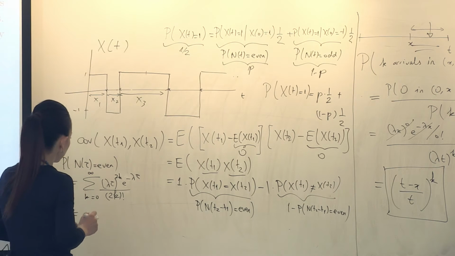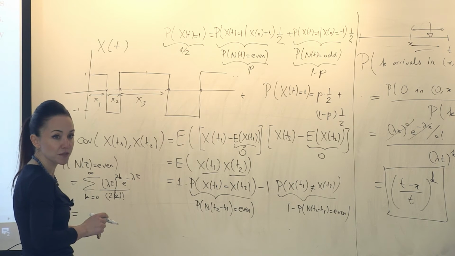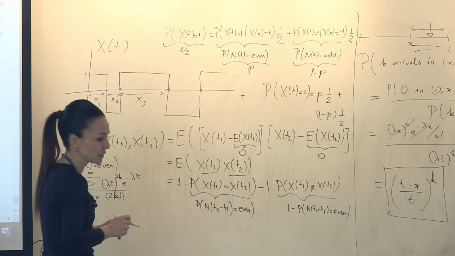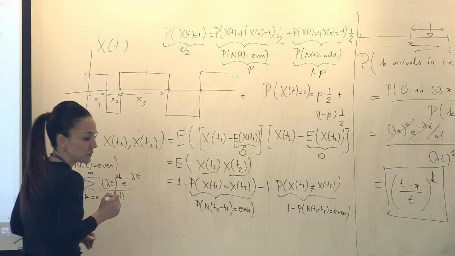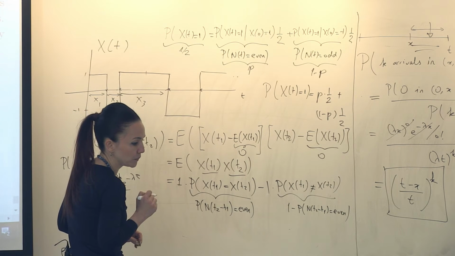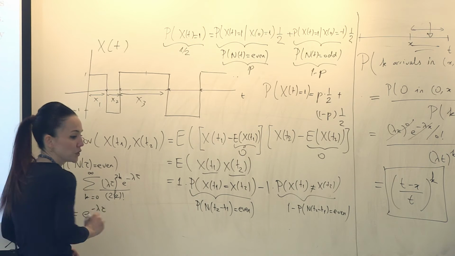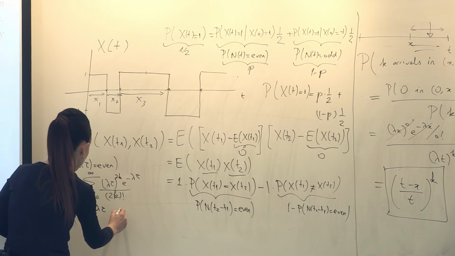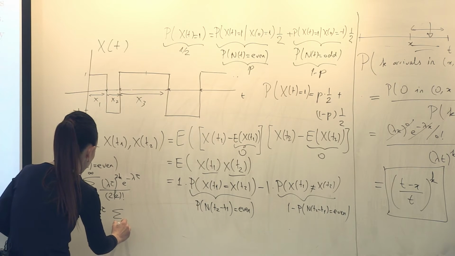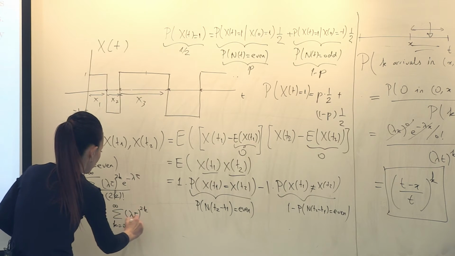I can break this into the sum of two Taylor series expansions. Think of the Taylor series expansion of e to the lambda tau. First of all, let's get e to the minus lambda tau out of this summation, okay? And then I will write this as the sum over k from 0 to infinity of lambda tau to the 2k over 2k factorial.